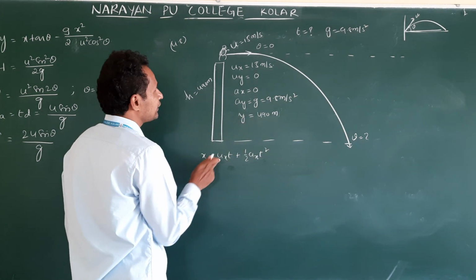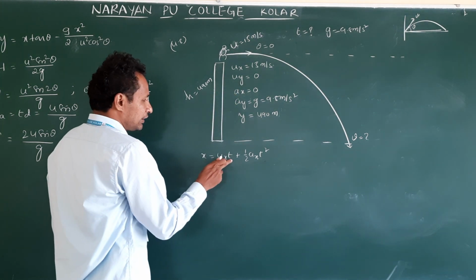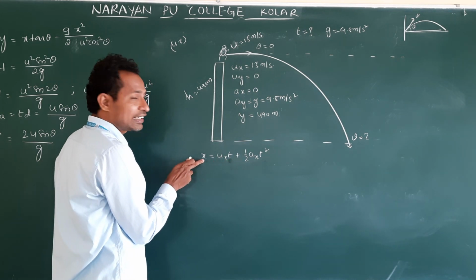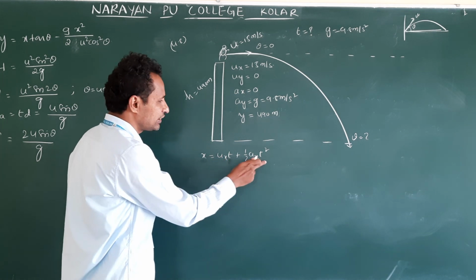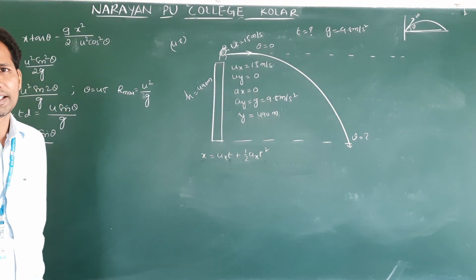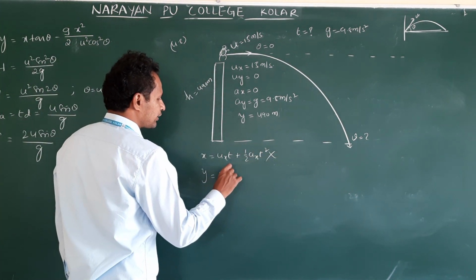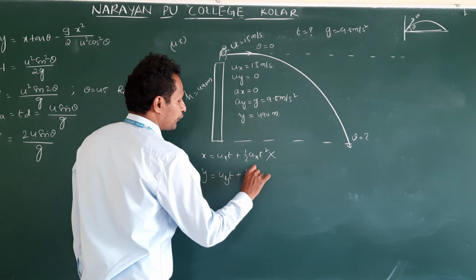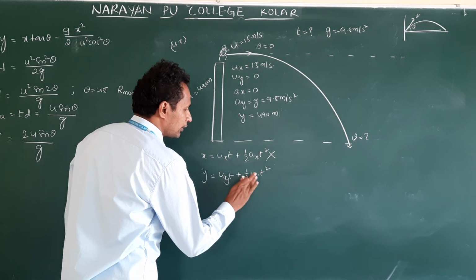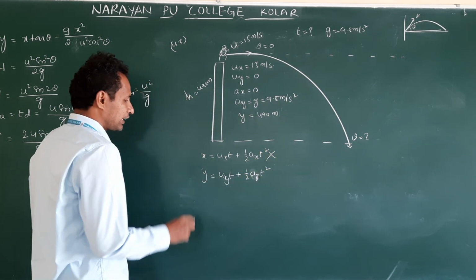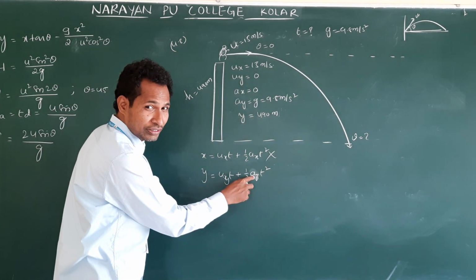We need to check. ux is there, but t is not there. We need to find t, but the x distance is not given. So x is unknown and t is unknown. This does not help. So select y is equal to uyt plus half ayt square, along the y direction. Now check: y is given, uy is 0, ay is given. This is suitable.